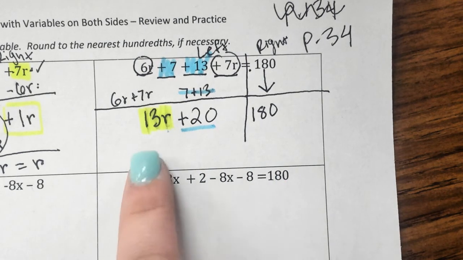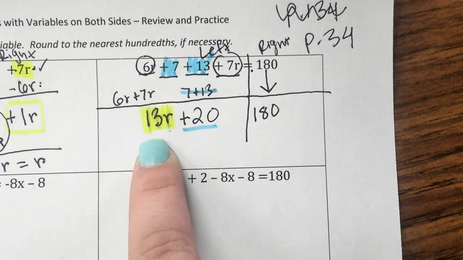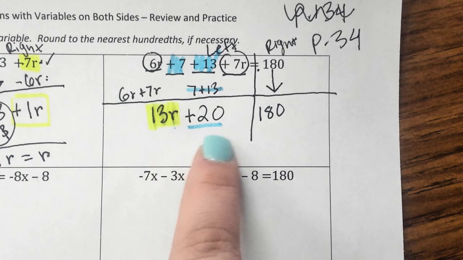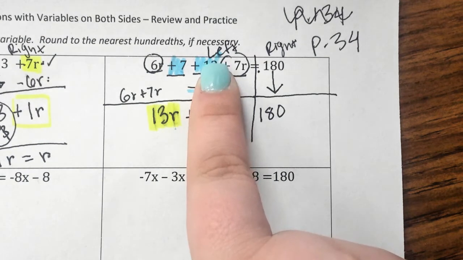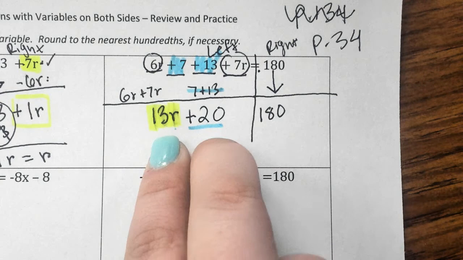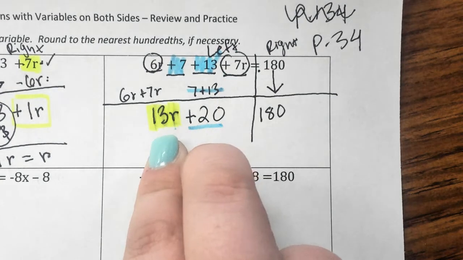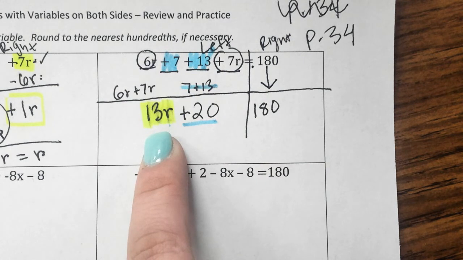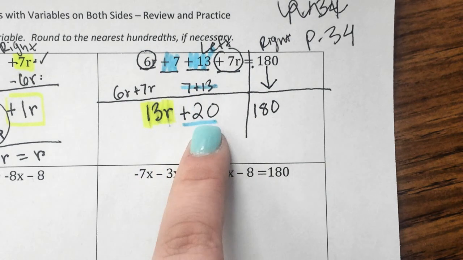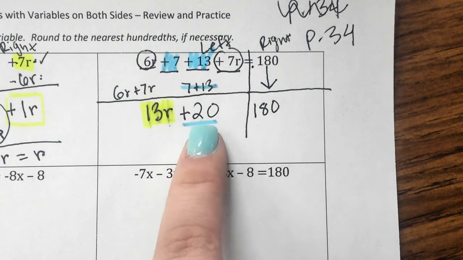Okay, now the variable term is 13r. Is there any other variable term in this equation? No. So 13r already is on one side by itself. It's on the left side, which means constants can't be on the left side. They have to be on the right side. Is there a constant that's not on the right side? What constant's not on the right side? 20.